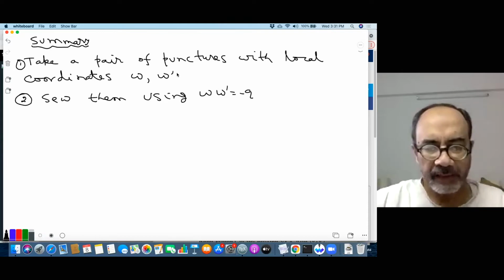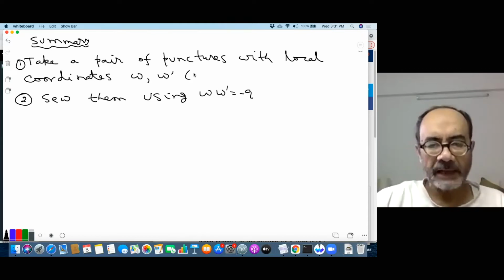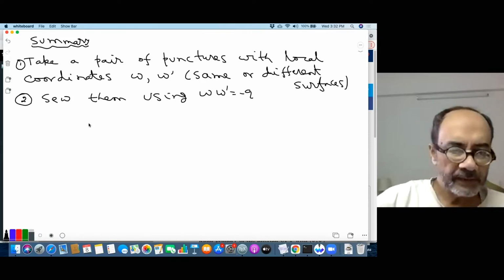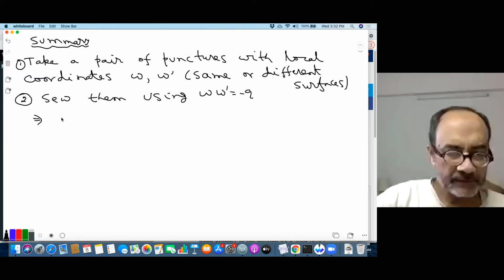These pair of punctures could either be on the same Riemann surface or different Riemann surfaces. Doesn't matter. So this produces a new surface.